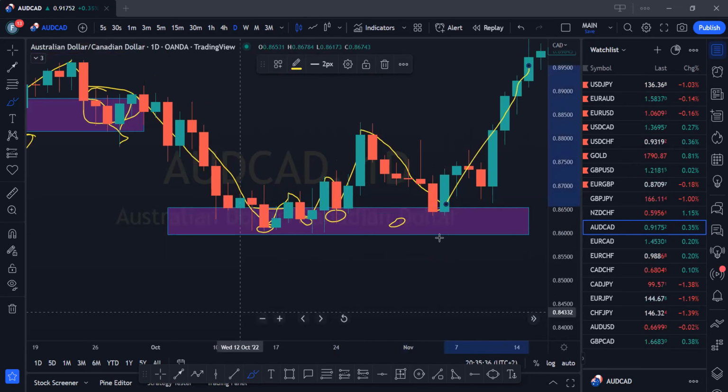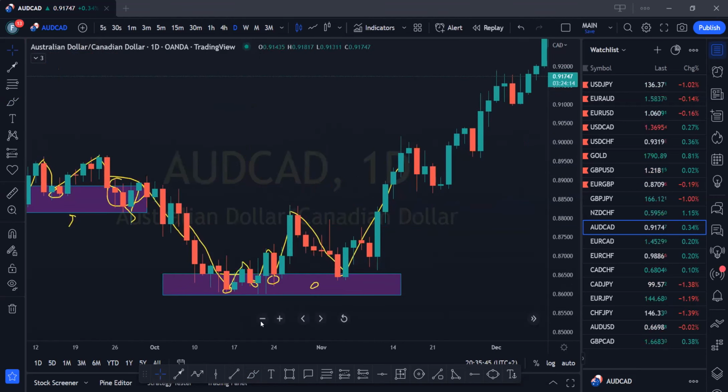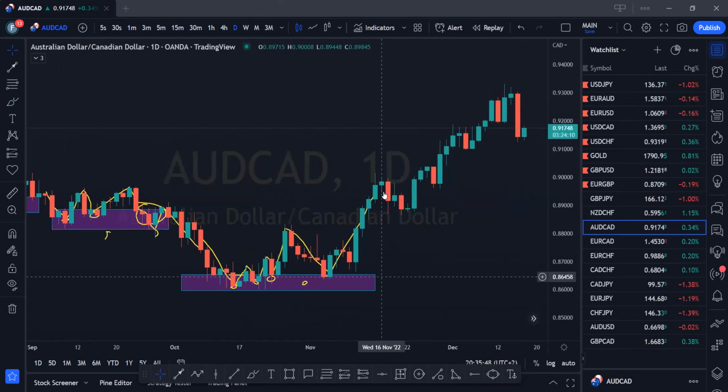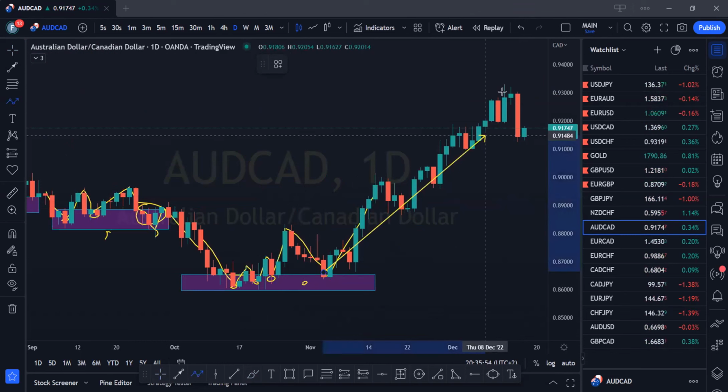All right, so there are some support zones that will not hold, and then there's some support zones that will hold very, very strongly. And then you can see this support zone pushed price all the way up until this point.